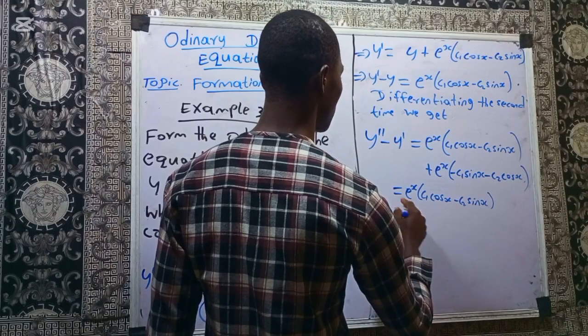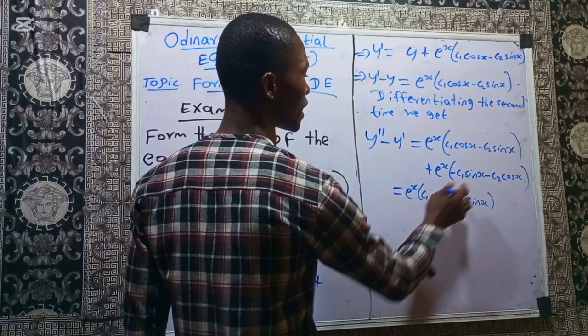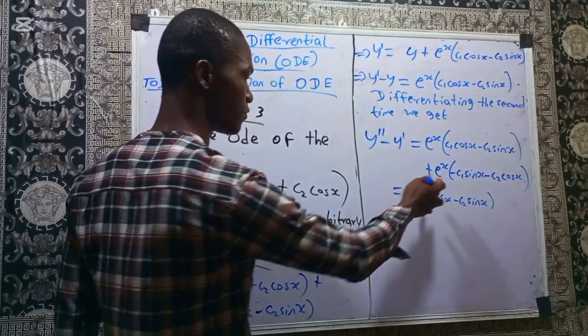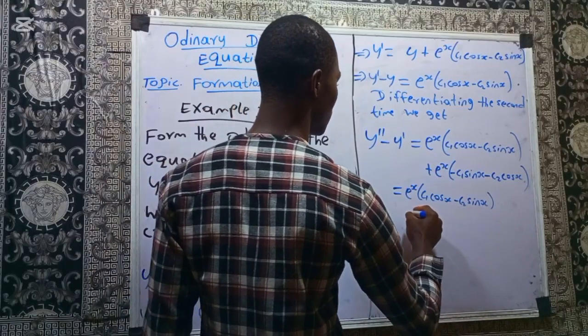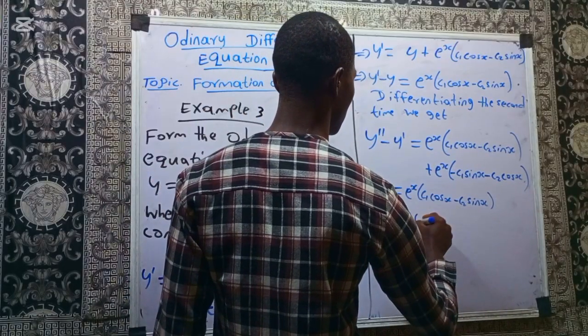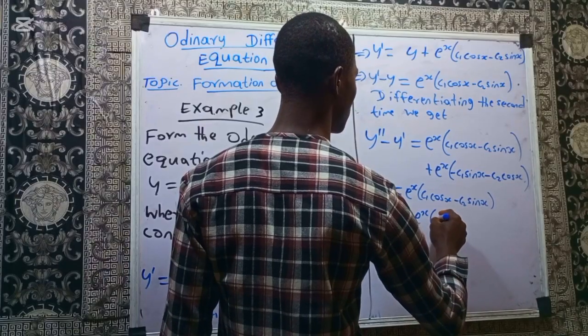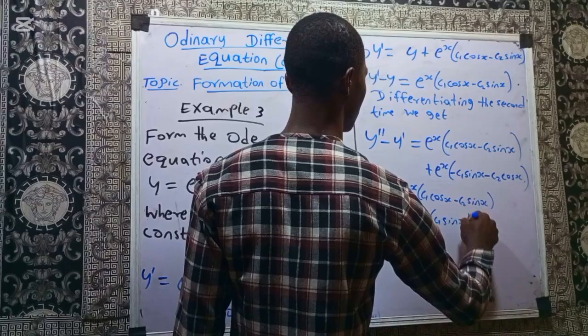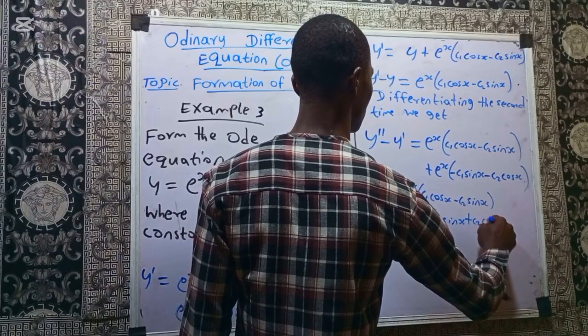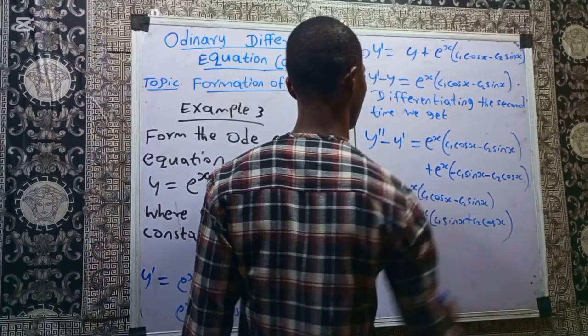Then we can factor out minus from the second one. If we factor out minus, this plus will change to minus. We have minus e^x (c1 sin x plus c2 cos x).